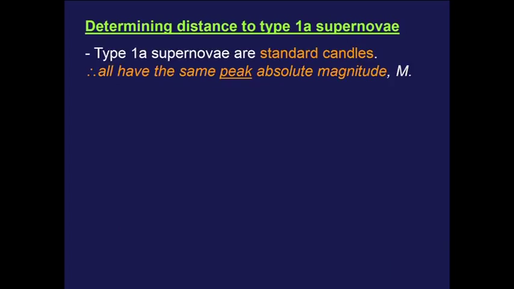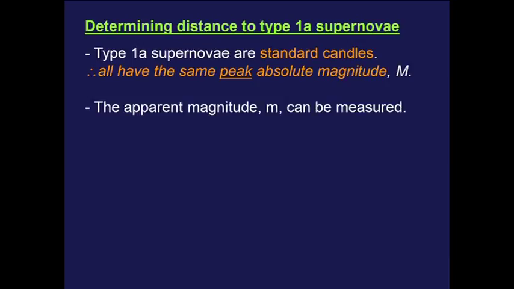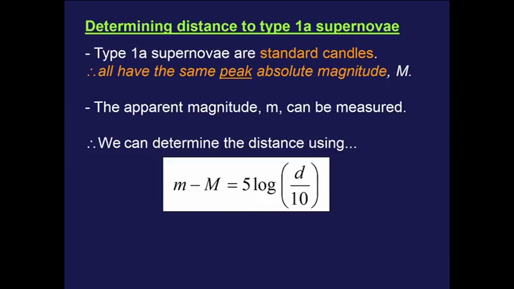Because we know their brightness, we can use them as standard candles. If we can measure their apparent magnitude, then we can use the equation to work out how far away they are.